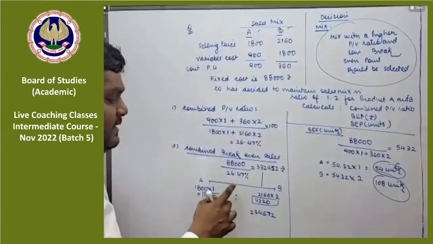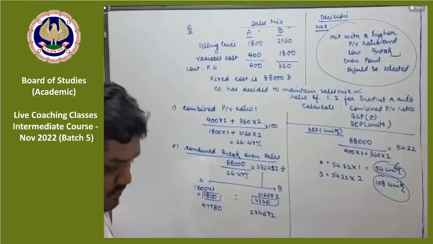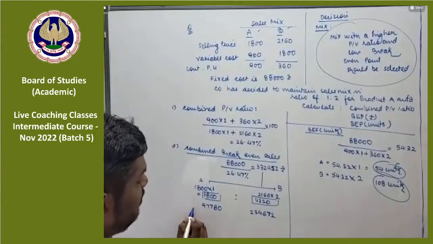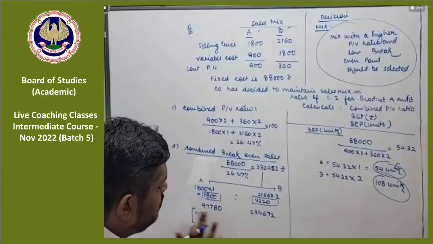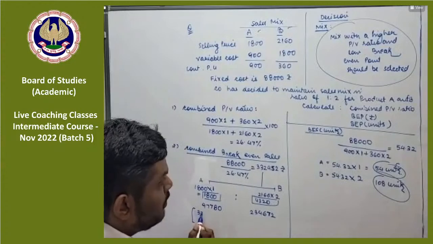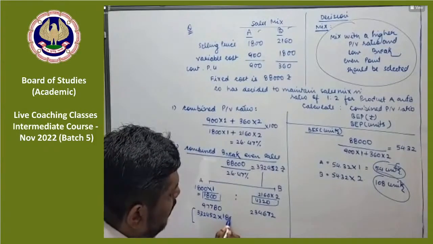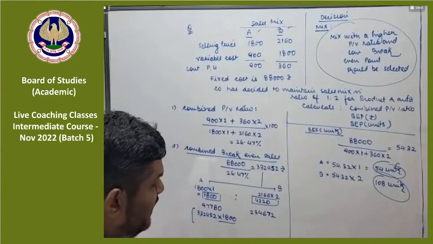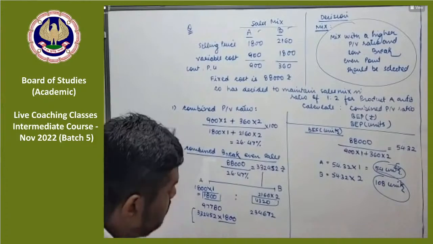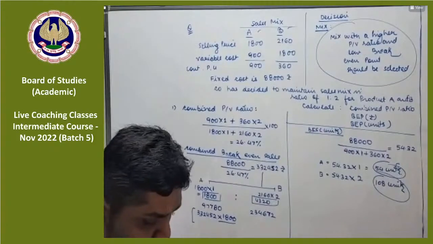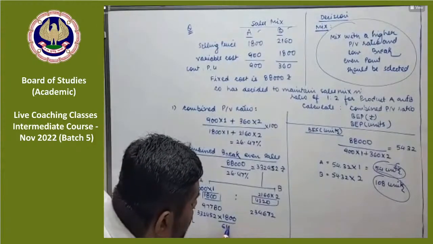Siddhapa Kamble, very simple. I have distributed this in the ratio. When talking about the calculation of this part, this is 332,452 into 1800 divided by 6120.